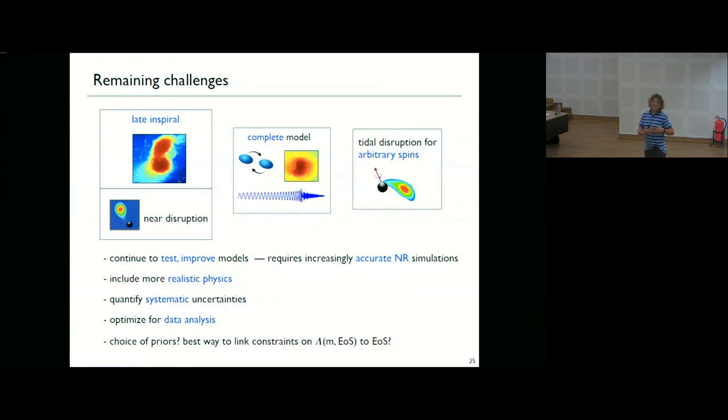We have to include more realistic physics, quantify systematic uncertainties, optimize the models for data analysis, and then figure out, given a measurement of this lambda parameter, how do we tell nuclear physicists what our result means for them in the most efficient or best way.